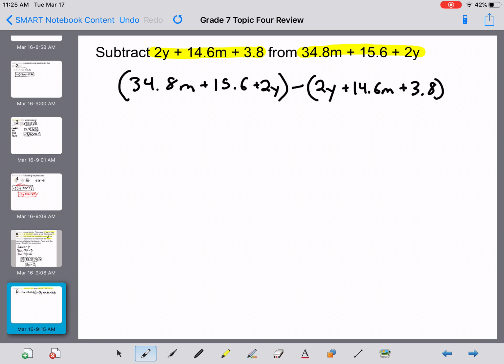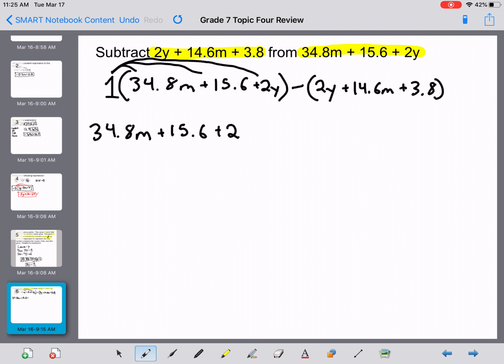That part is very important, to keep both expressions in parentheses. Now there's an imaginary 1 in front of this parentheses that I can distribute to every term inside my parentheses. When I distribute, I'm left with 34.8m plus 15.6 plus 2y.